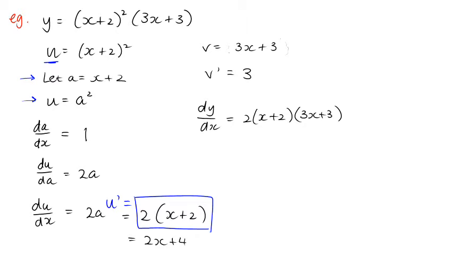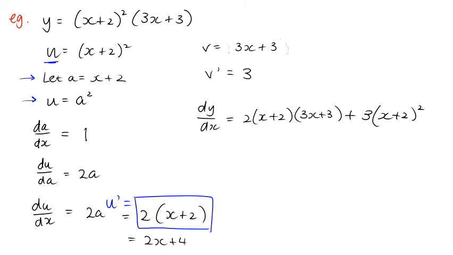Why do we put x plus 2 back in? Because a equals x plus 2. It's the same as how we always substitute our u back in, but this time it's not u, it's a. So plus derivative of v, which is 3, times by u, which is x plus 2 squared.